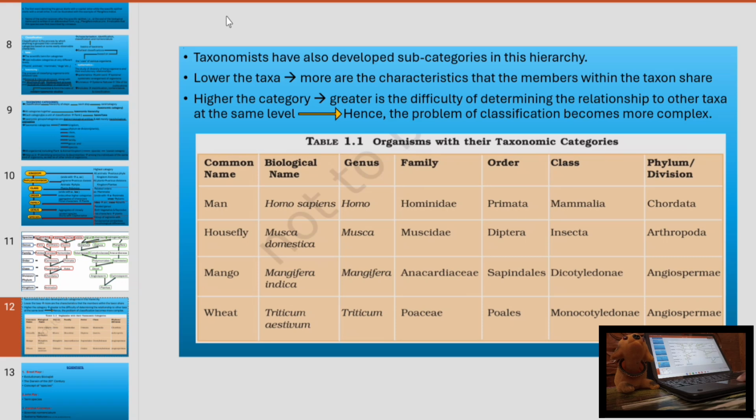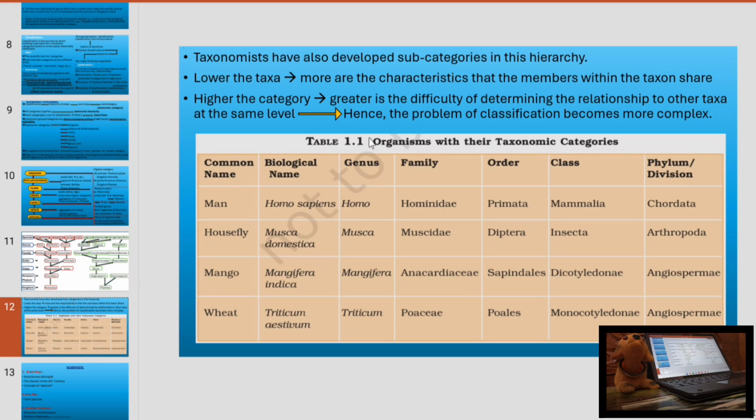Taxonomists have developed some subcategories in this hierarchy for our better understanding. The lower the taxa, the more characteristics the members within the taxon share. And the higher the taxa, the more difficult it is to determine the relationship to other taxa at the same level. Hence, the problem of classification becomes more complex, so we need subcategories too.